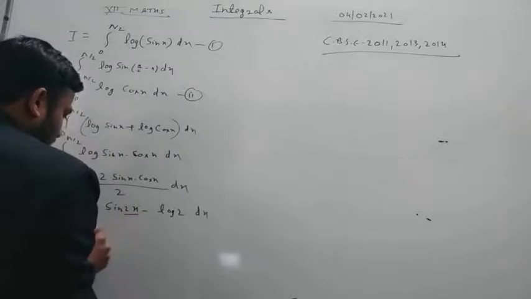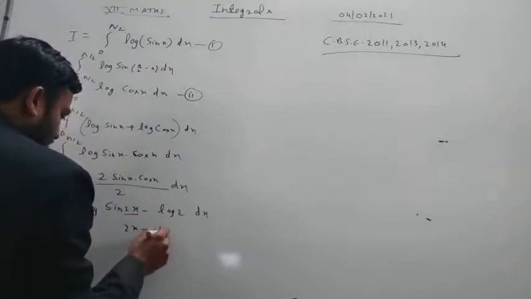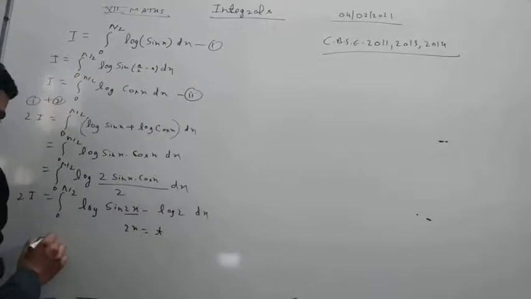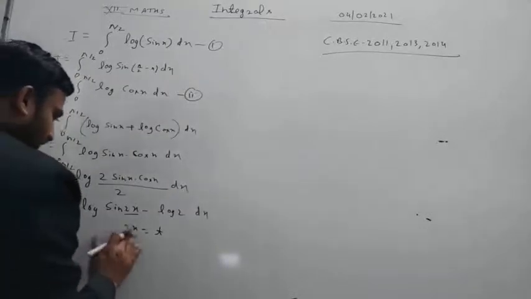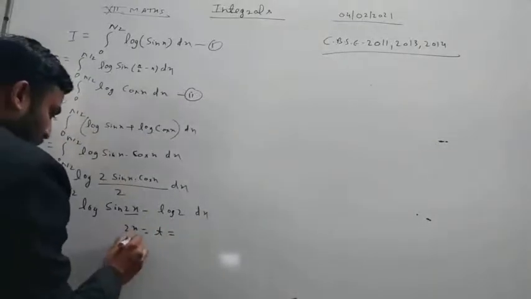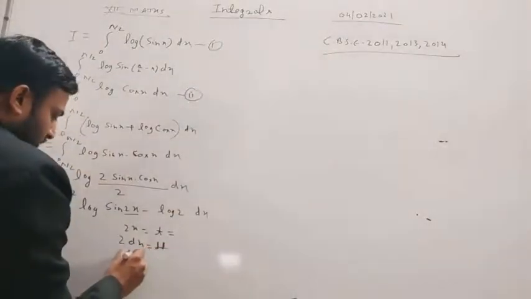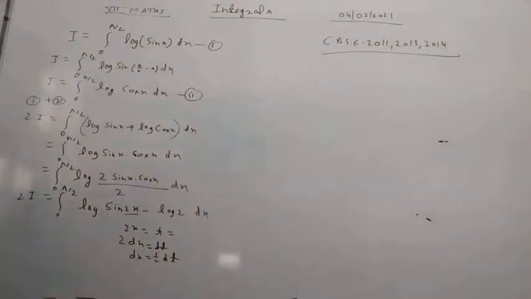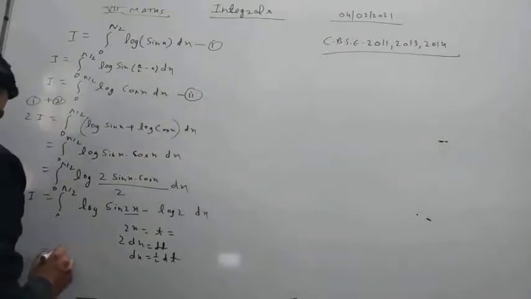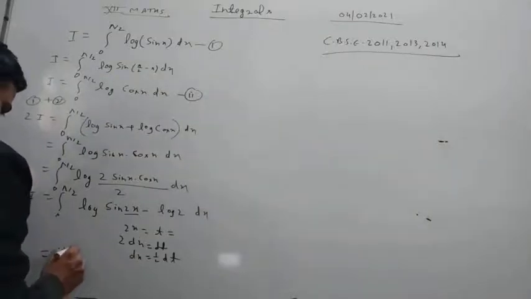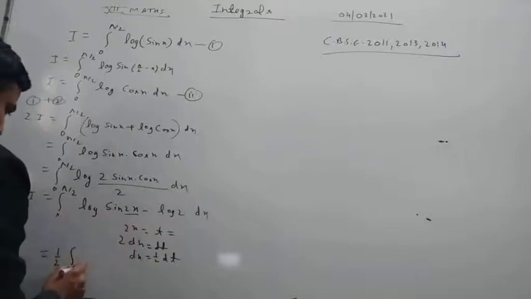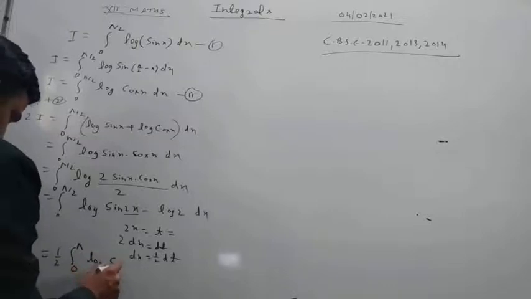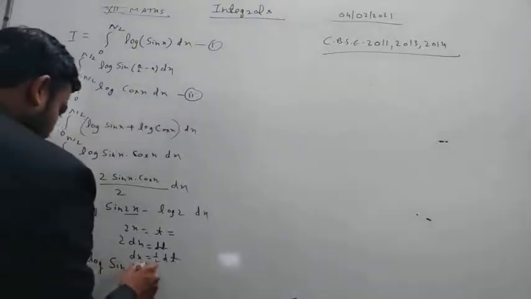Now we are taking 2x is equal to t, so we can write 2 dx is equal to dt, so dx is equal to 1 by 2 dt. So we can write 1 by 2, and when we put 0 here we get 0, and for pi by 2 we get pi, and log sin t dt.